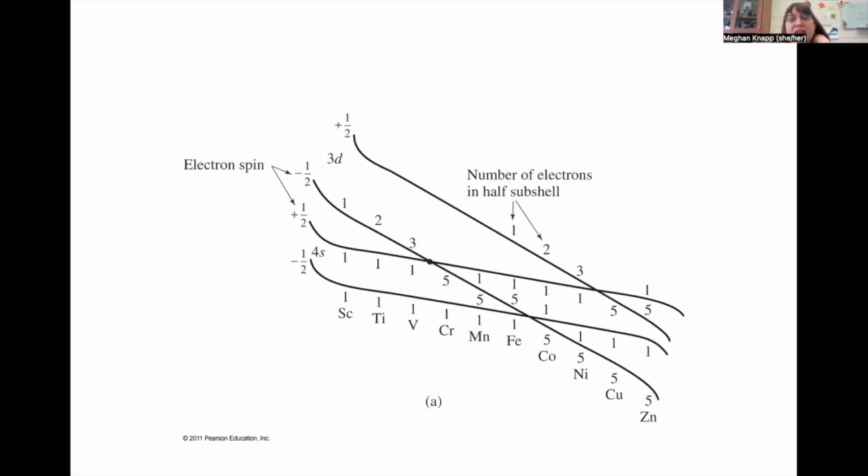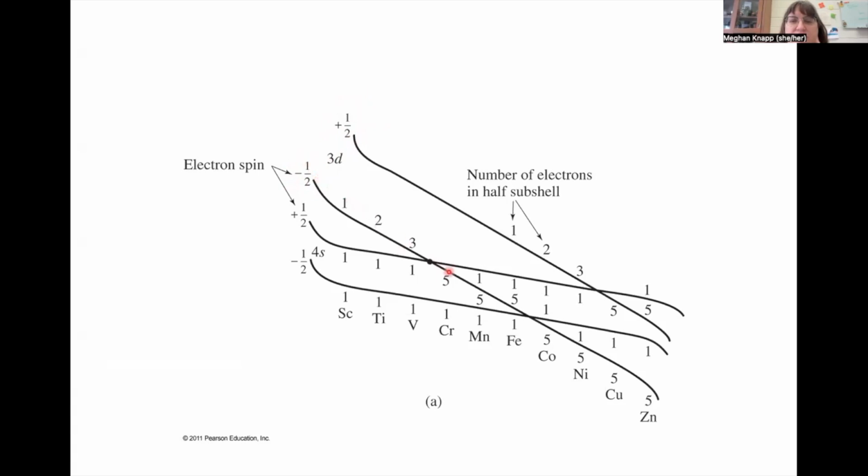So when we look at this chart, what is it showing us? It's showing us with these two lines that are parallel, but going at the same angle but separated. You'll see the -1/2 and the +1/2. So these two lines up here are the 3D orbitals and having all the same spin. So they're saying -1/2 first.